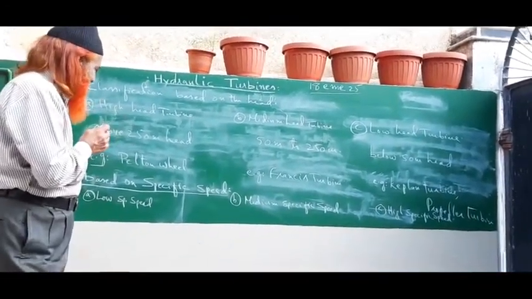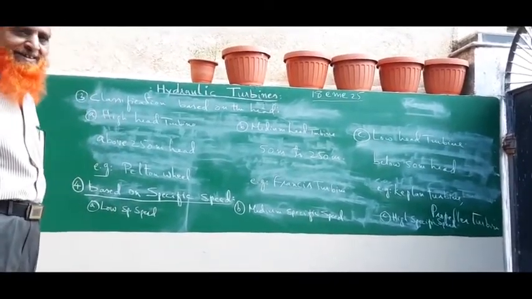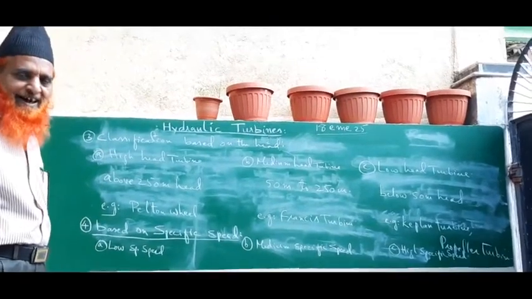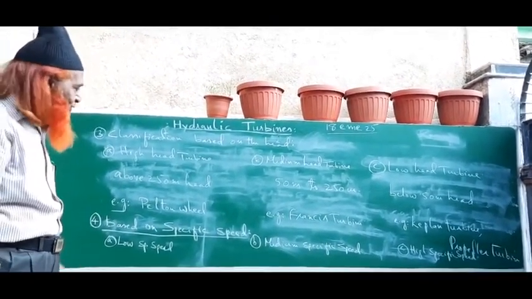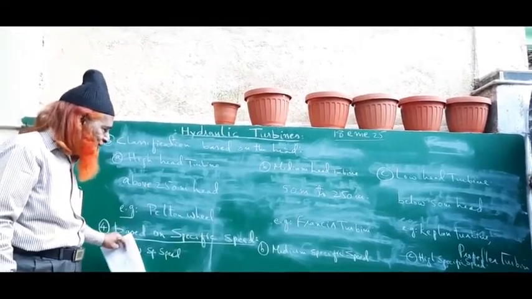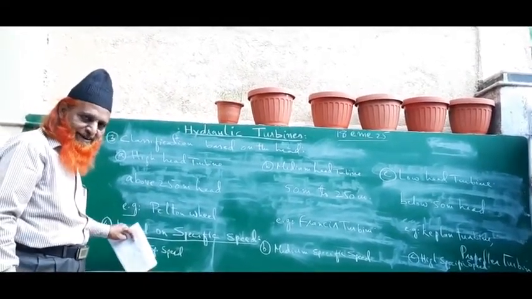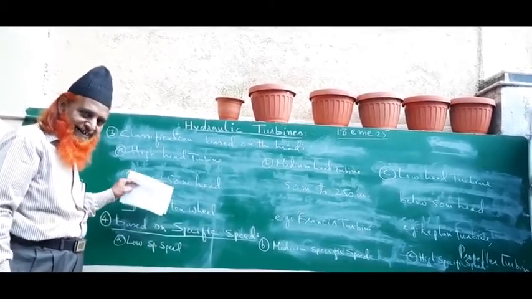Because for these specific speeds, if the head is high, then when divided with the head and per kilowatt power generation etc., definitely the low specific speed will be coming there. Therefore, the Pelton wheel will be the example here. When a turbine is having low specific speed, the head is high.